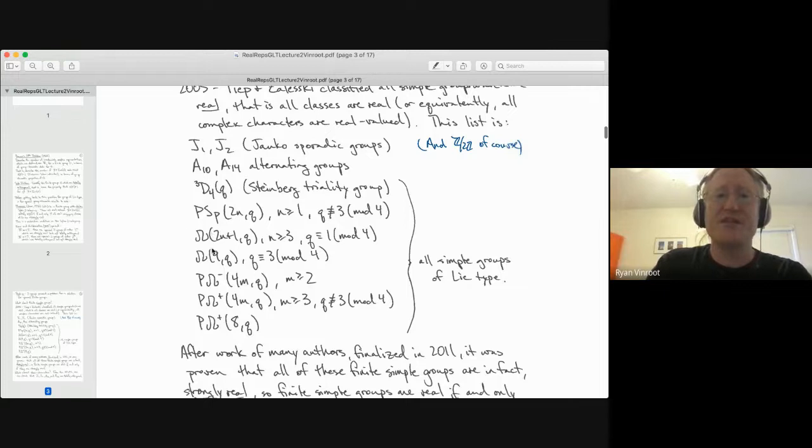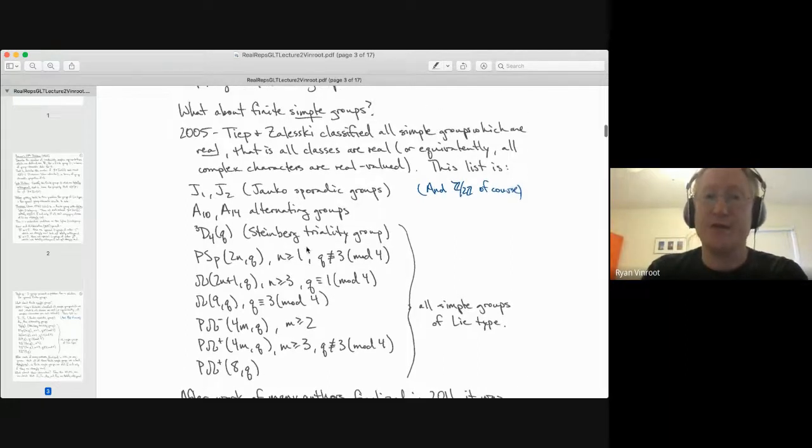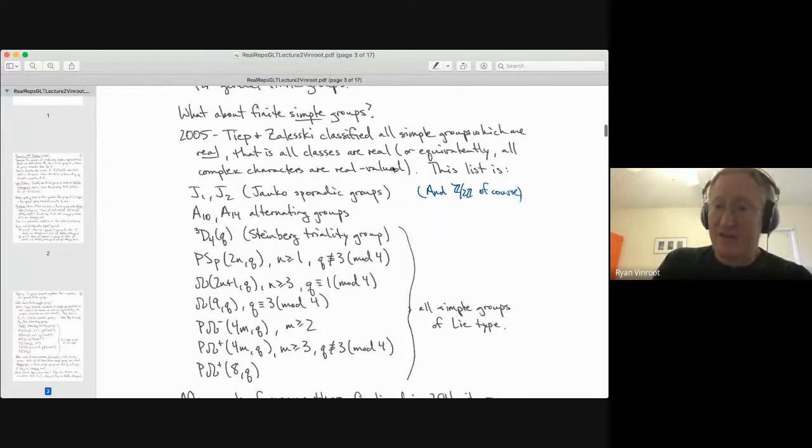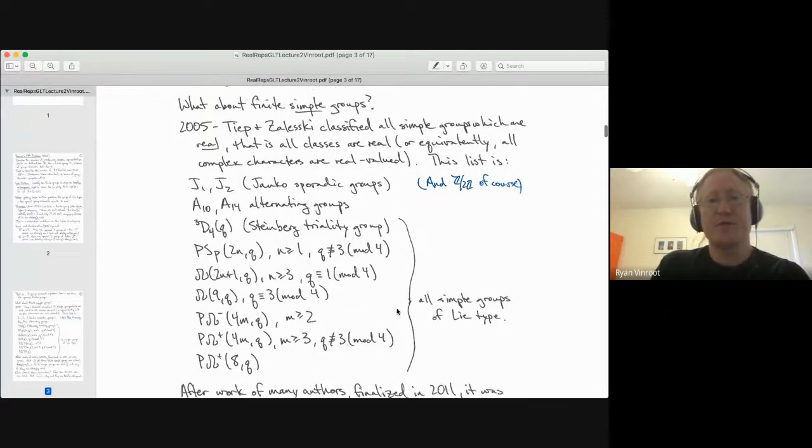Omega is an index 2 subgroup of the special orthogonal group in general. It's the derived subgroup of the orthogonal group. Sometimes it has a center, so sometimes you have to mod out by the center. But anyway, there's this list of simple orthogonal groups under certain conditions where things are real. So by Tiep and Zalesski, these are exactly the finite simple groups which are real.